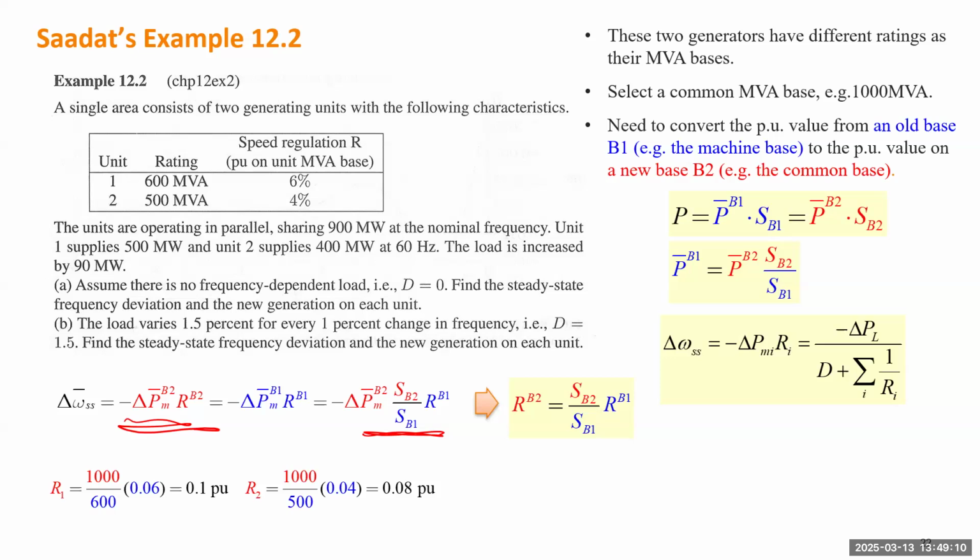Let's try this common 1000 MVA new base. R1 right now becomes 0.1 per unit. R2 becomes 0.08 per unit. They're both increased because we're using a much bigger base. So the power change in the common base will be 90 divided by 1000, which is 0.09 per unit.